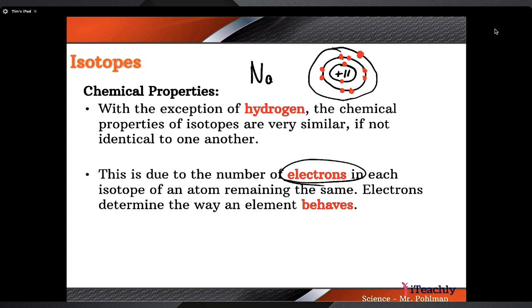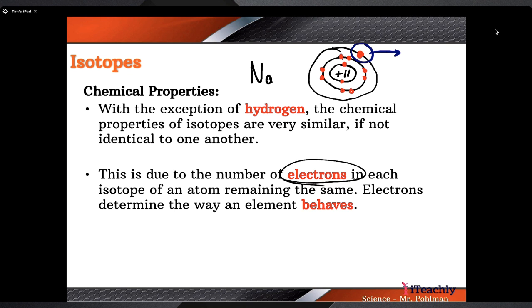So if we had isotopes of sodium, every single sodium atom is going to react the exact same way. It's going to react very violently when it's put in contact with water, because it does not want this electron right here.